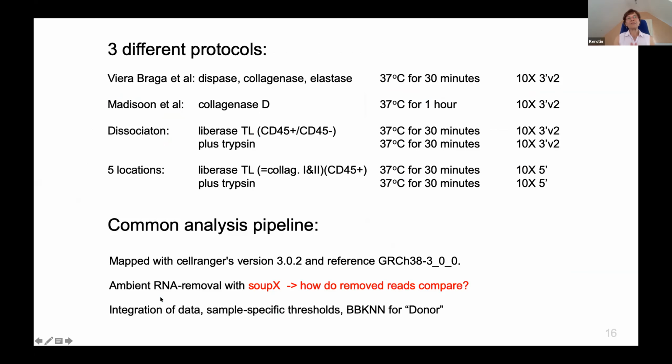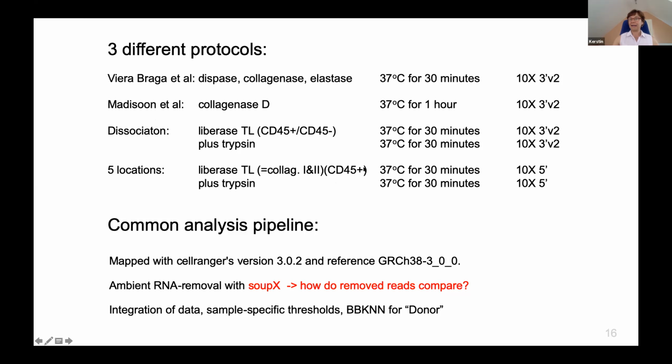So that means we now actually have quite a few data sets that we can compare. The first published study in Nature Medicine used dispase, collagenase, and elastase. Madissoon et al. used collagenase, and in the dissociation protocol where I showed you the UMAP, we used the Liberase plus trypsin. Then the 5 location study uses the same enzyme, but actually uses a different sequencing protocol.